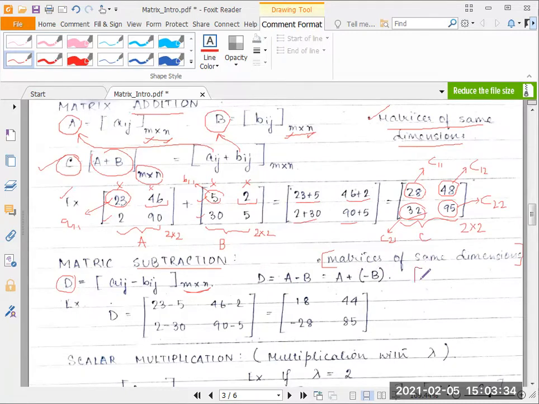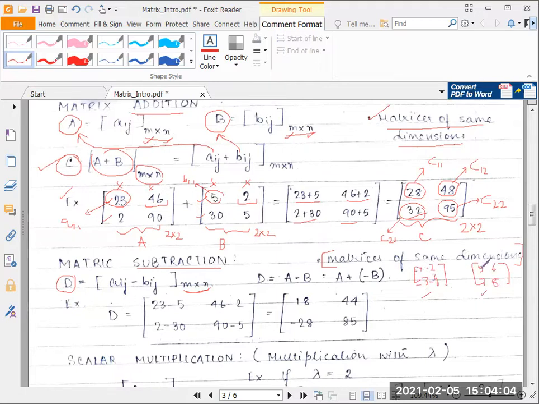So let's suppose I have 1, 2, 3, 4 as one matrix, and I have another matrix, let's say 5, 6, 7, and 8. Now, if I want to subtract the matrix 1, 2, 3, 4 from this matrix, I can either say 5 minus 1, 6 minus 2, 7 minus 3, 8 minus 4, or I can actually say I am adding these two matrices.